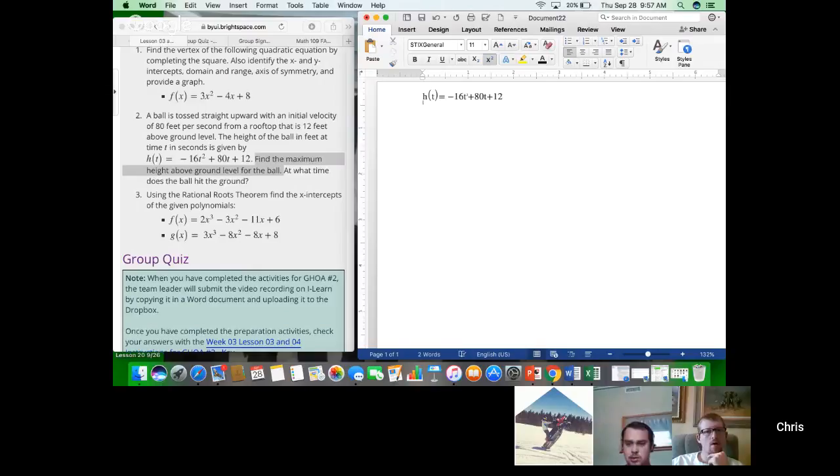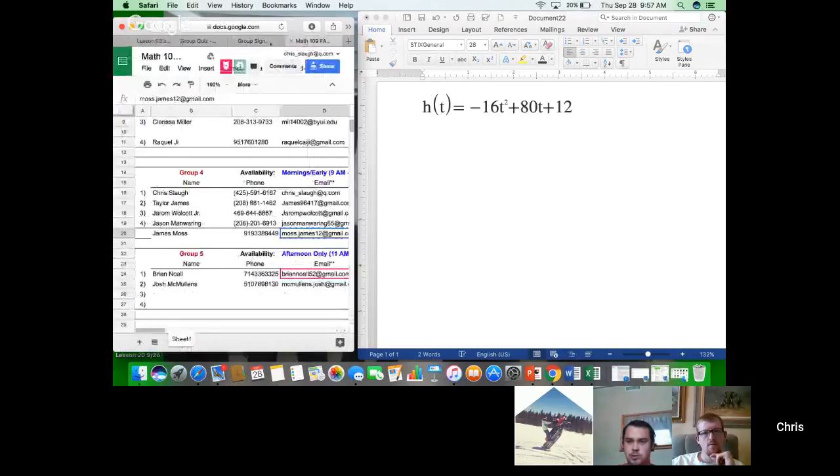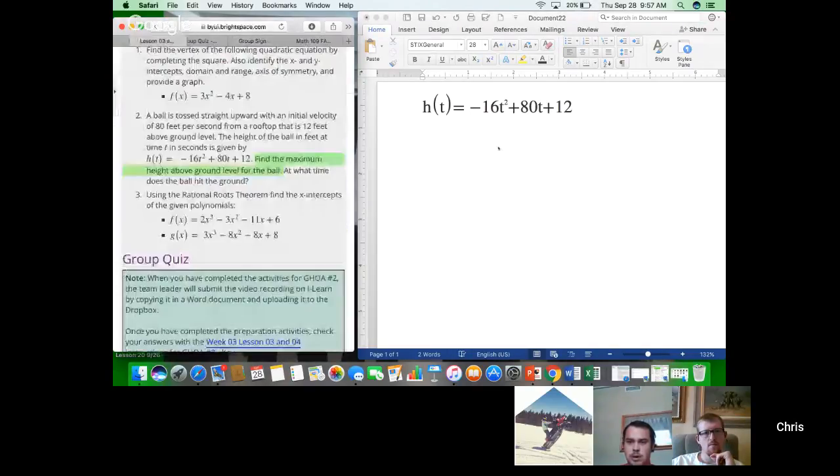Yeah, I'm drawing a blank. Help me out here, guys. How did you put it in the vertex form again? I believe this one you can use negative b over 2a, and then you just plug in b and a.